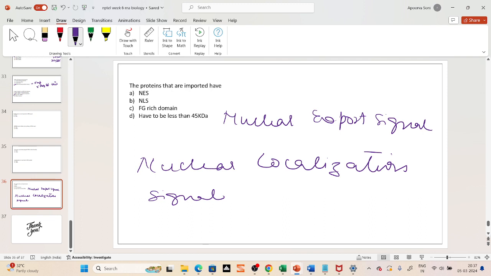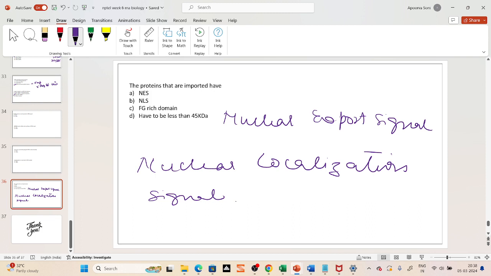Outside the nucleus. So, nuclear export signals are the signals which are needed to transport your RNA outside the nucleus. And nuclear localization signal means that these signals help in the localization of RNA into the nucleus. Localization of RNA into the nucleus.